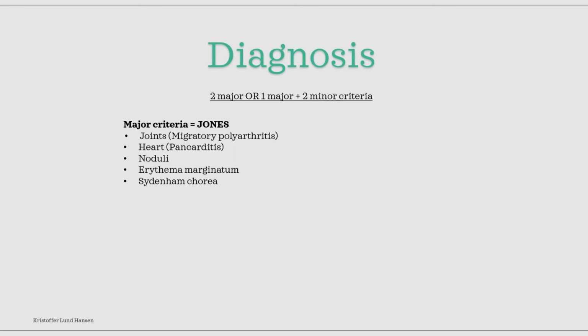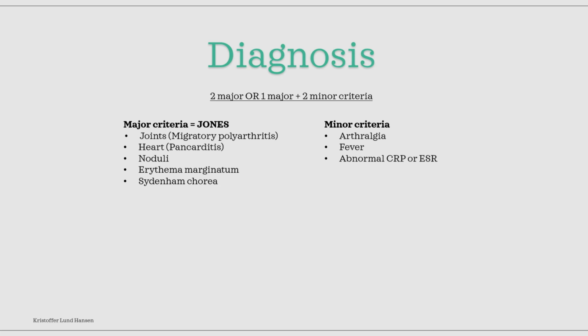Each of the 5 classical symptoms that can present gives 1 major point. So if we have 2 of the classical symptoms, then the patient has rheumatic fever, because we have 2 major points. It is extremely rare to see all the Jones criteria at the same time, but the 2 most common ones, migratory polyarthritis and pancarditis, can be seen at the same time.